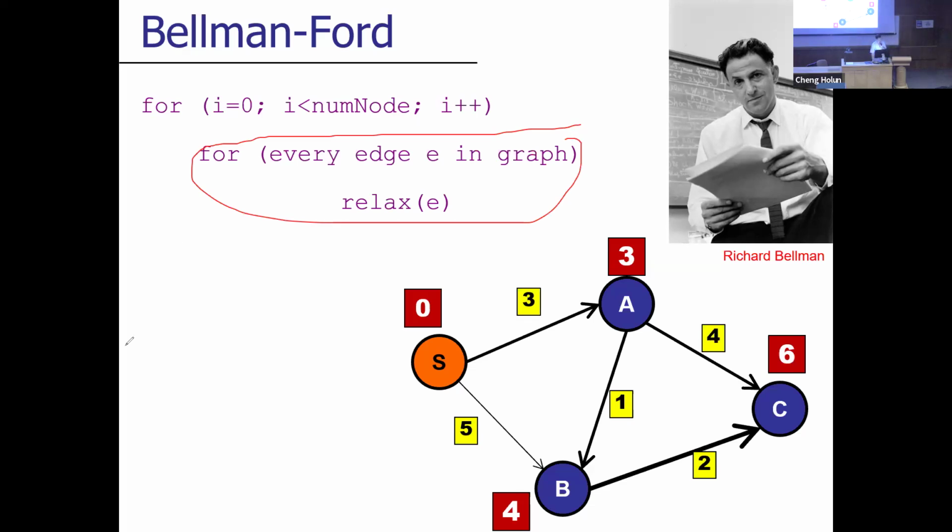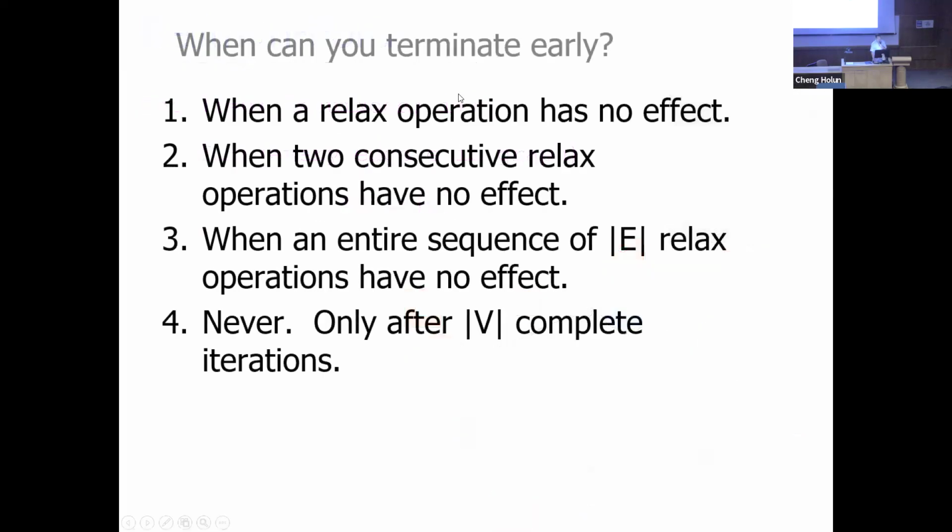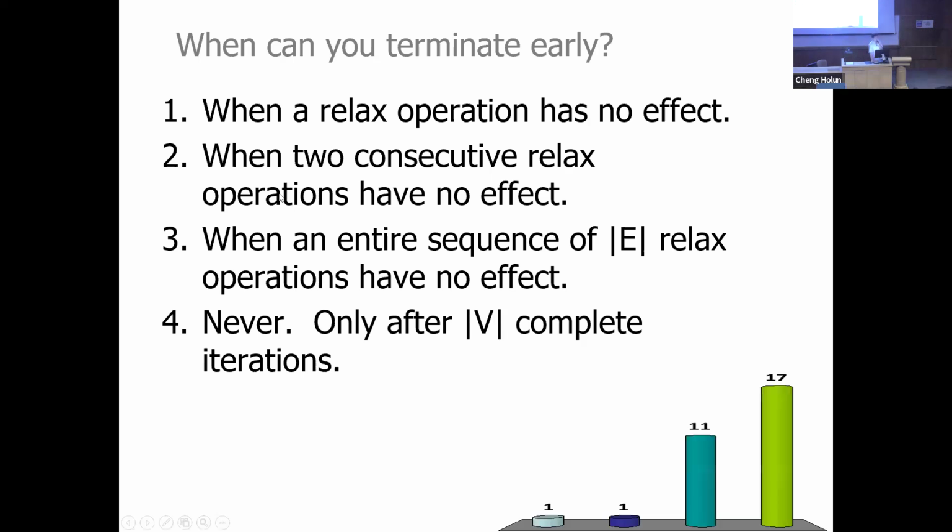Why do I need to do that? Because in the other example, do I have to really repeat n times? You can actually finish the loop early. You don't need to continue relaxing if further relaxation does not give you any improvement.